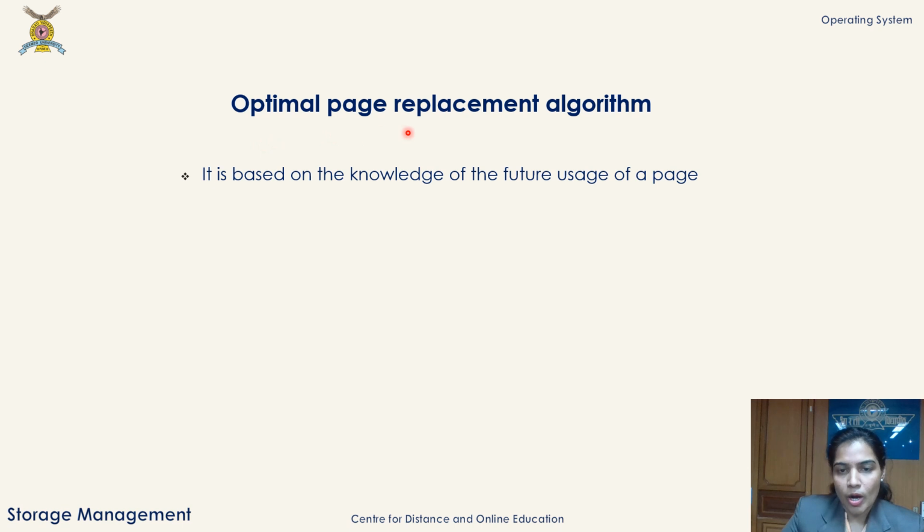The first is the optimal page replacement algorithm. The algorithm says to replace the page which will not be used for the longest time. So it is based on the knowledge of the future usage of a page. The algorithm is easy to describe, but it is difficult to implement. Now, the page with the higher number is removed.